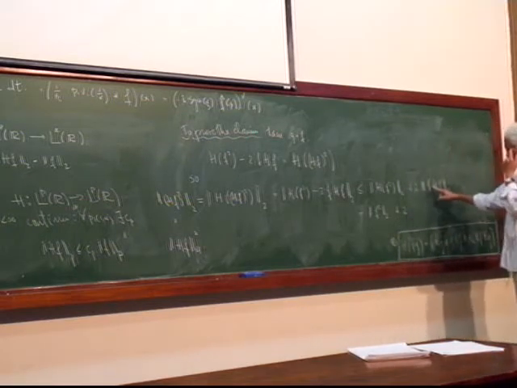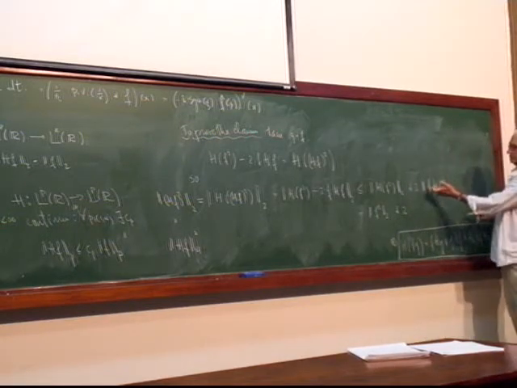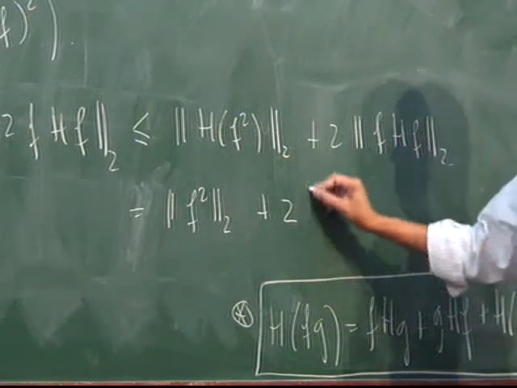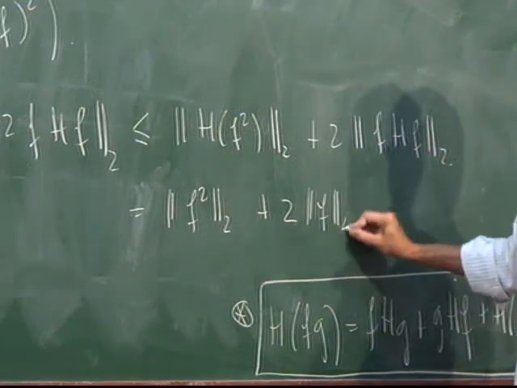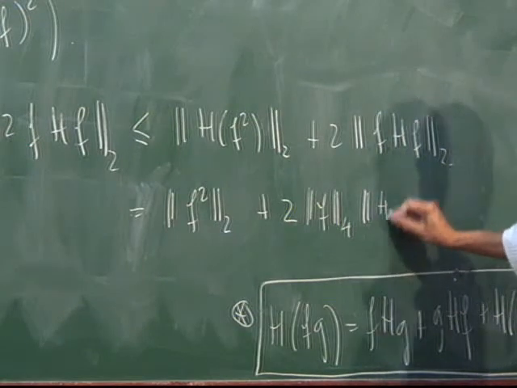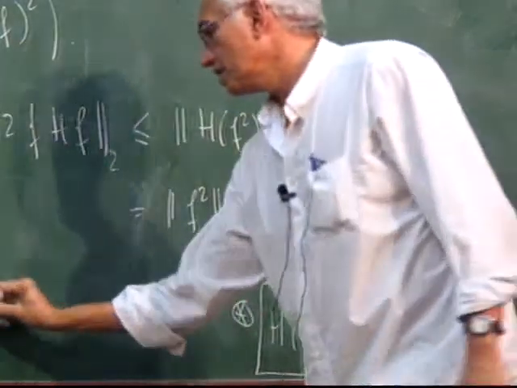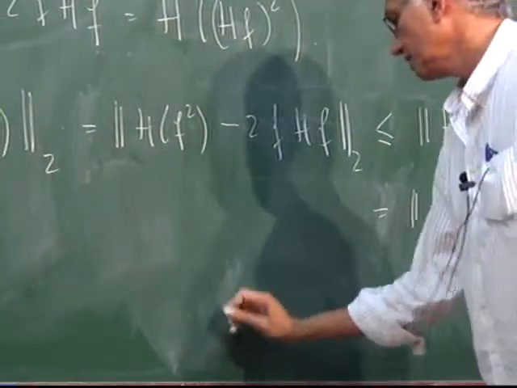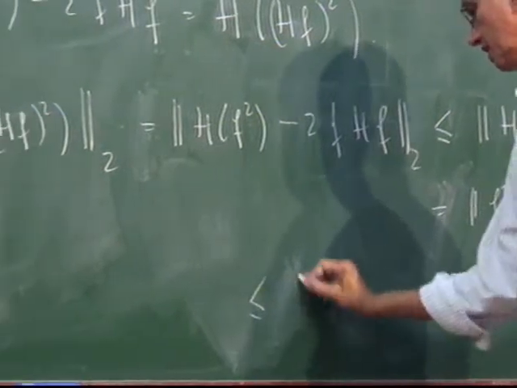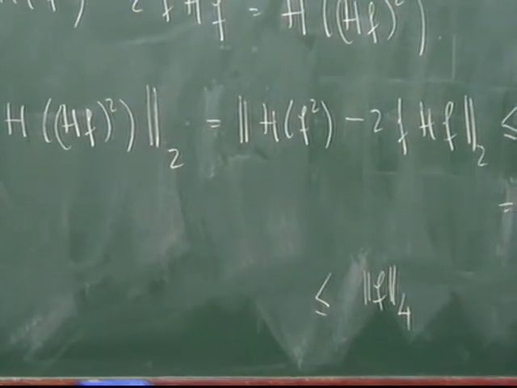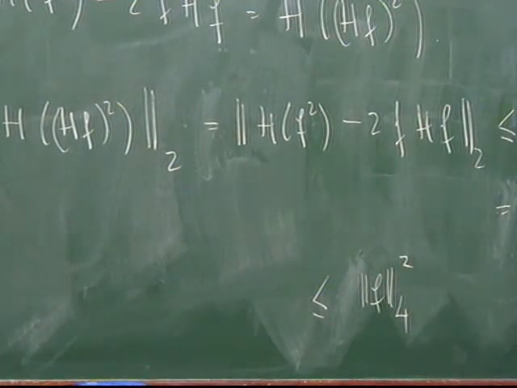2 times... Now I use Hölder. Then this is L4 here, L4 here. And now this is less than or equal. In fact, it's equal, but let's put less than or equal, it doesn't matter. This is the norm of the Hilbert transform, this is the L4 norm squared, right?